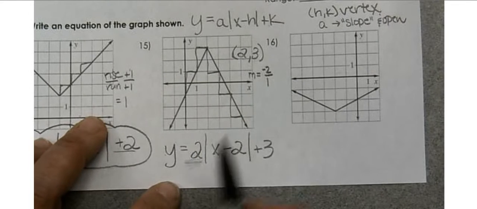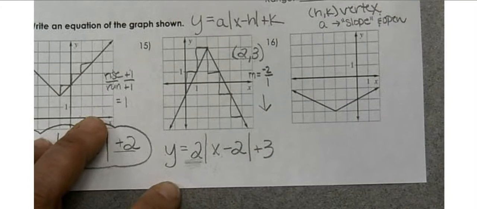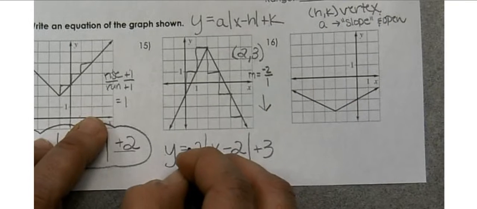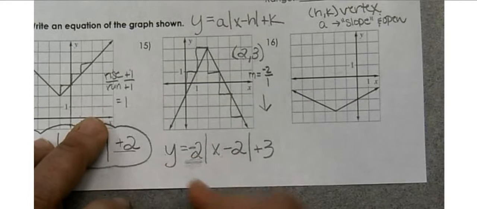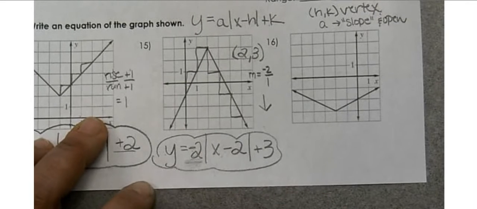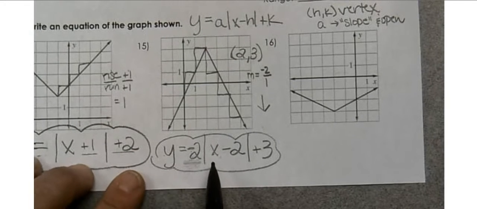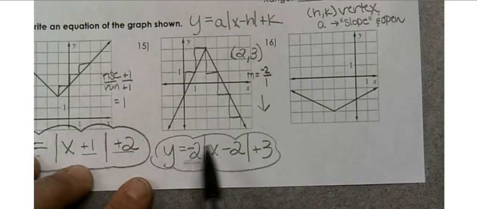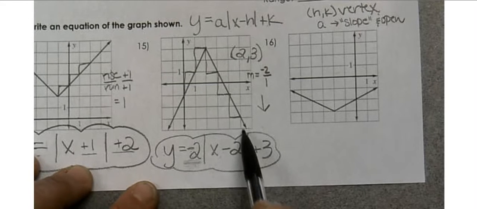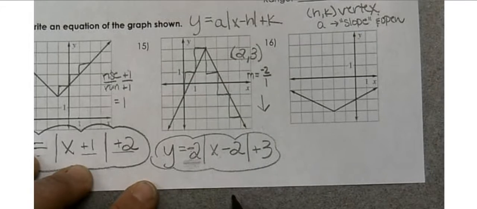However, notice that the V shape opens down, which means there's a reflection in the x-axis, and since it opens down, we want to make sure that's a -2. And that's our equation. It's really just going backwards from what we did together last time. Last time we had an equation and we made the graph. Now we're just taking the graph and making the equation.